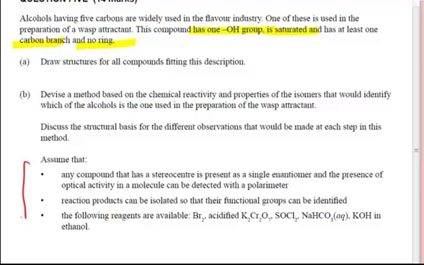So in other words, we can identify the products. So let's have a look at the 5 different ones and what we can do with them.